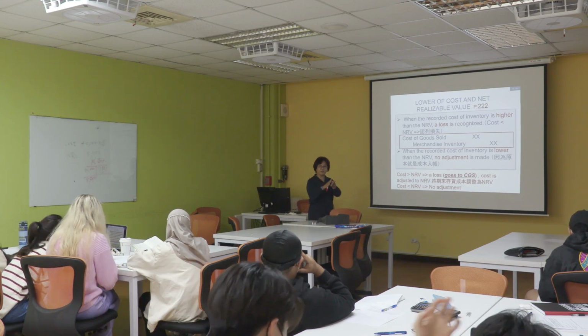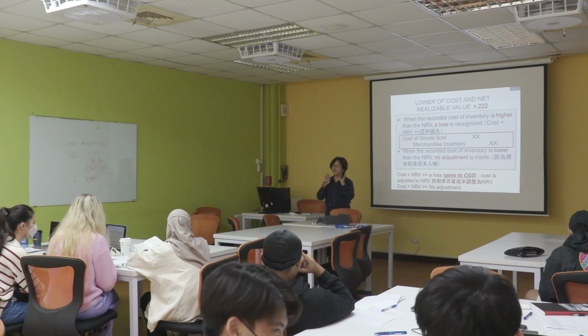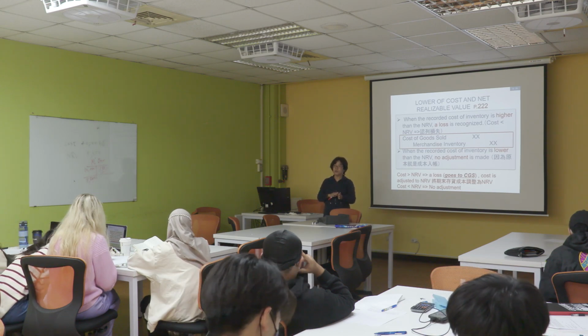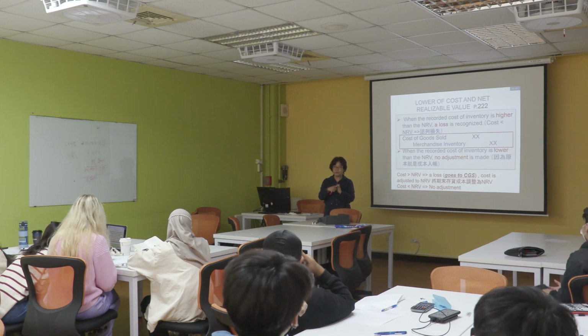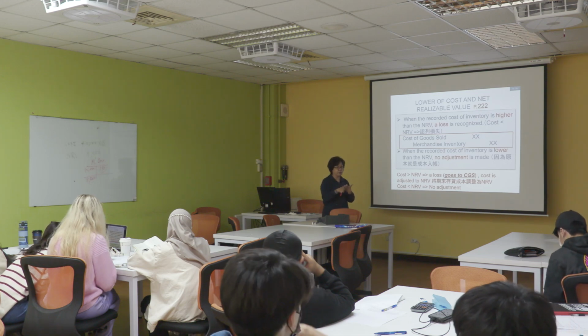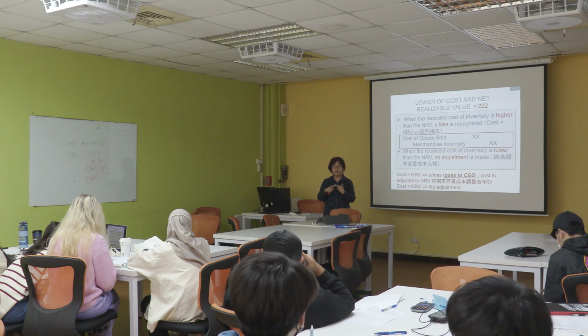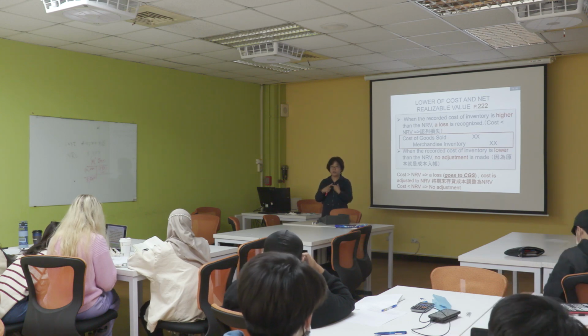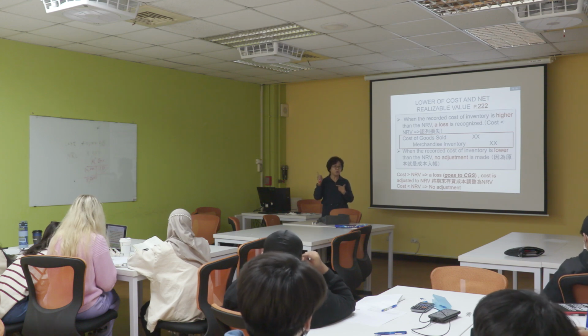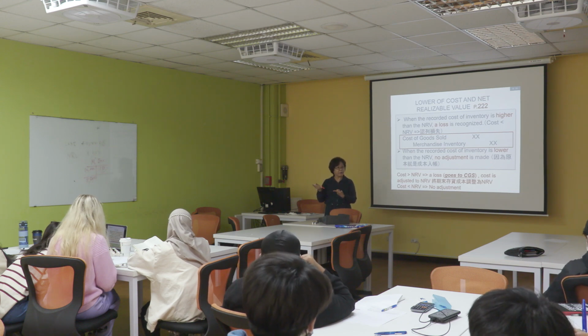You know we have to use the lower of cost or NRV. In the first stage, you need to calculate the NRV. Next stage, you have to compare with the cost. If the NRV is lower than cost, then you should do something in order to reflect the true value.